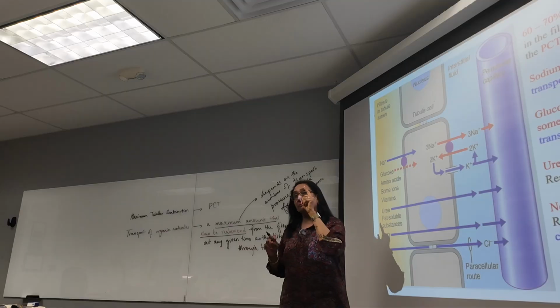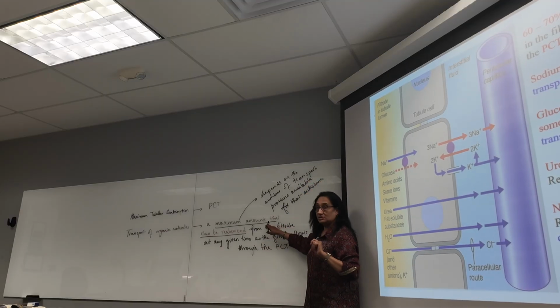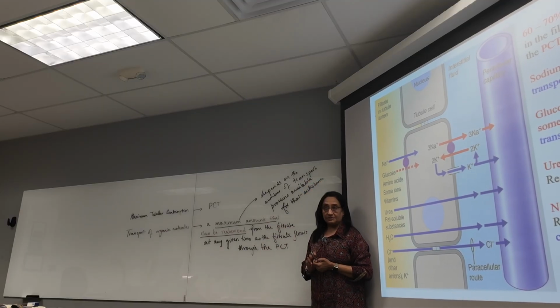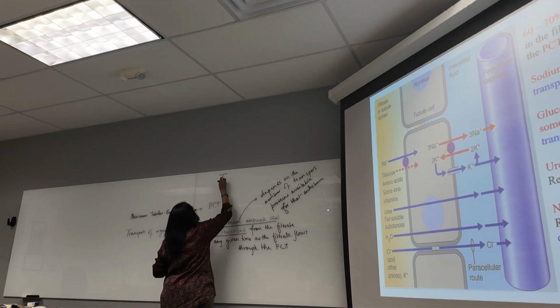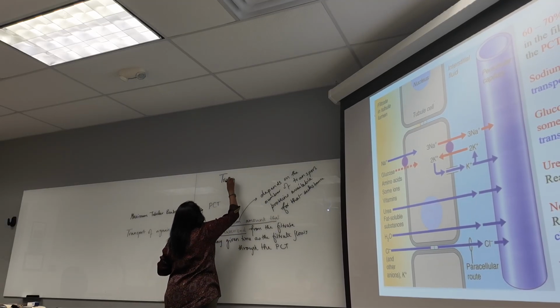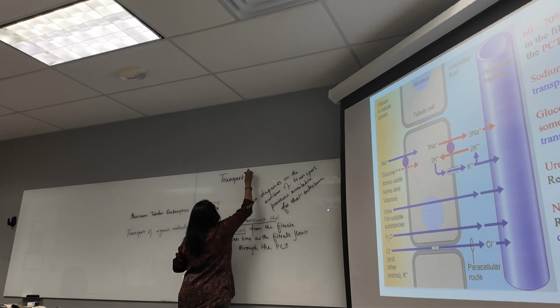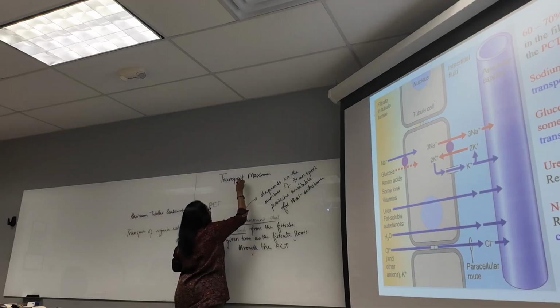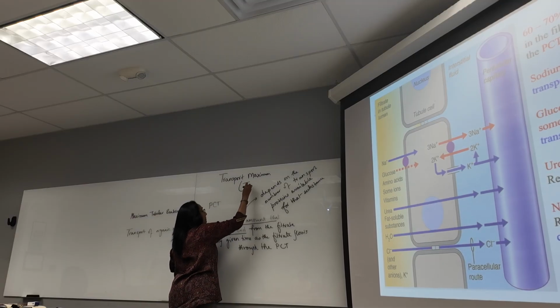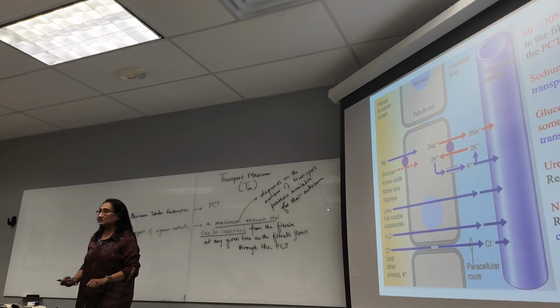So for every substance there is a maximum amount that can be reabsorbed. And this is called the transport maximum. The term that's given for this is called transport maximum, or we write it like this, Tm. This is how it is represented.